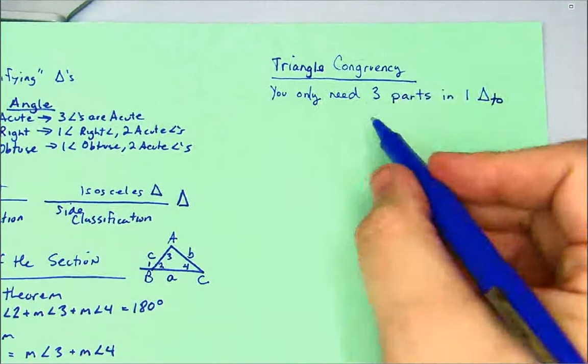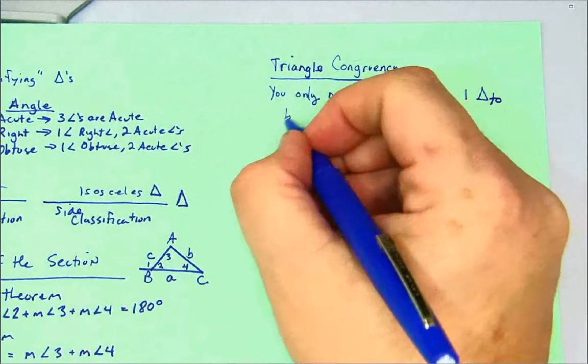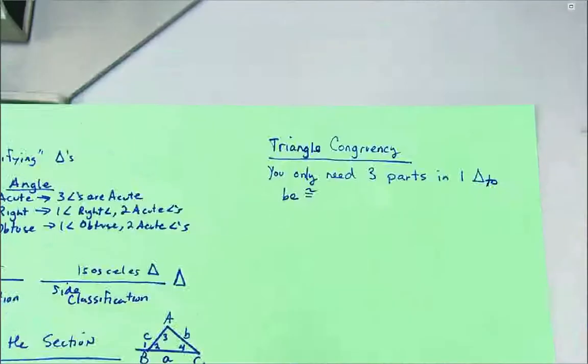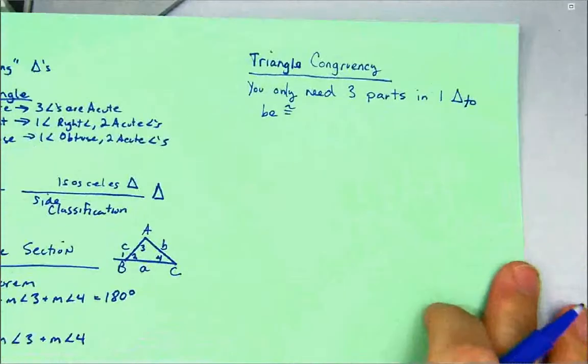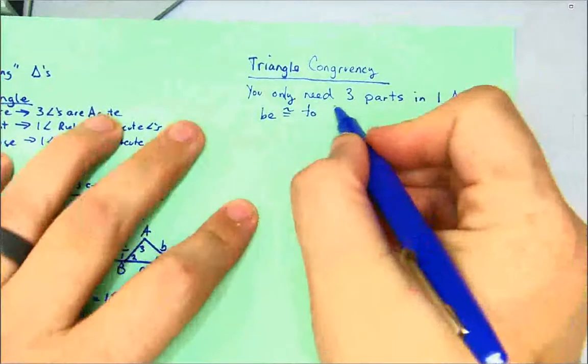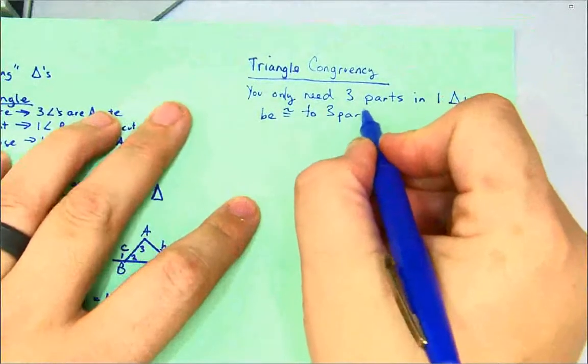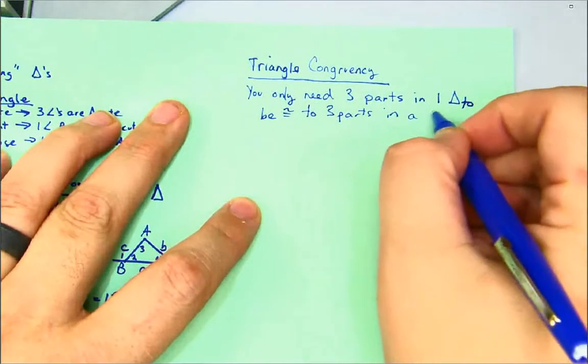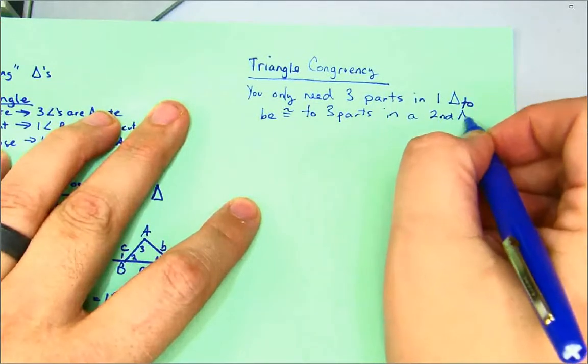You only need 3 parts in one triangle to be congruent to 3 parts in a second triangle.